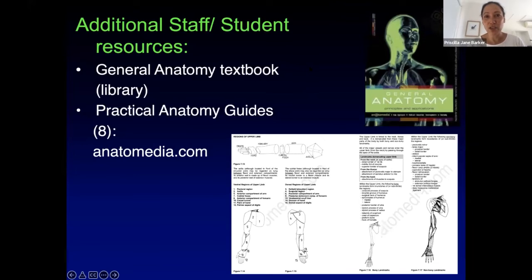And there are some additional things that you might be interested in your library. Is a copy of the General Anatomy textbook, which Norm is the prime author on, who's just joined us, Professor Norm Eisenberg. And there's also up on the Anatomedia website some guides, which are like an abbreviated text form of the Anatomedia notes.